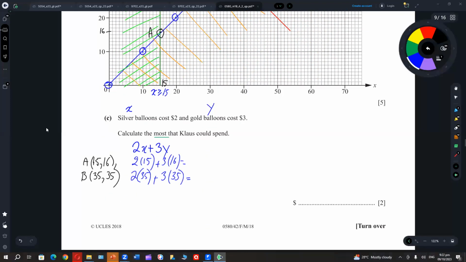And then D is 15 by 50. So now quickly put them in.